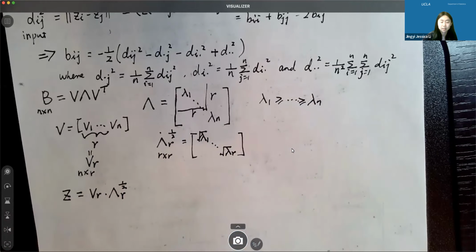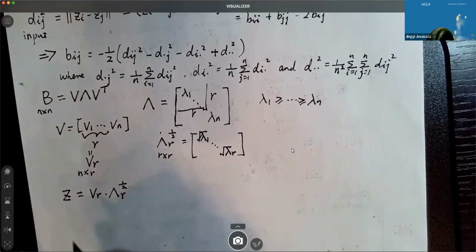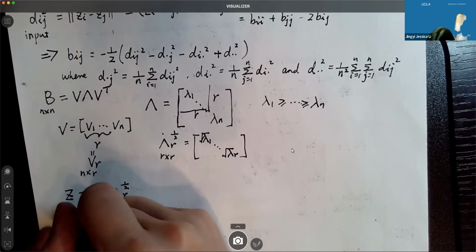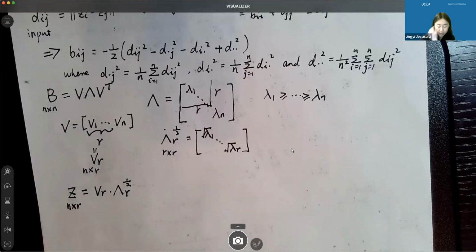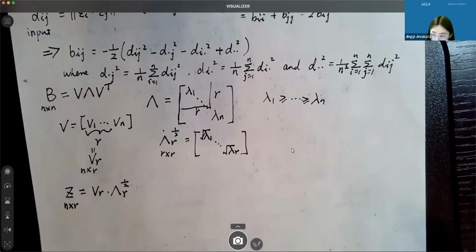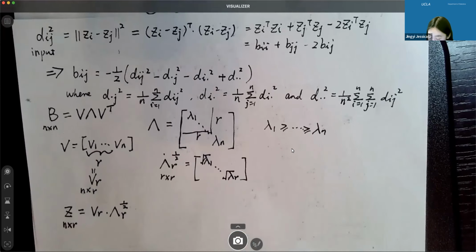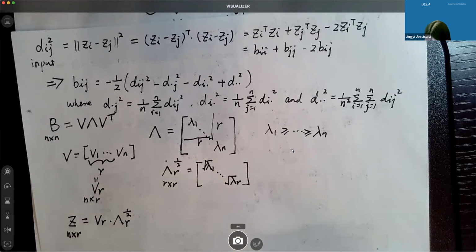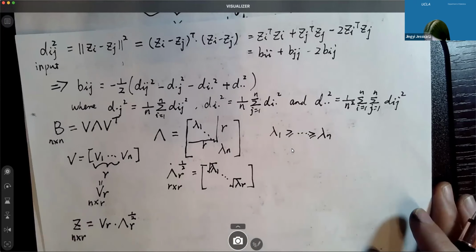That's this diagonal matrix. Okay, and this is my Z. By definition this Z is n by r, and each row is the embedding I find for each observation. So the basic idea of MDS is still eigen decomposition.